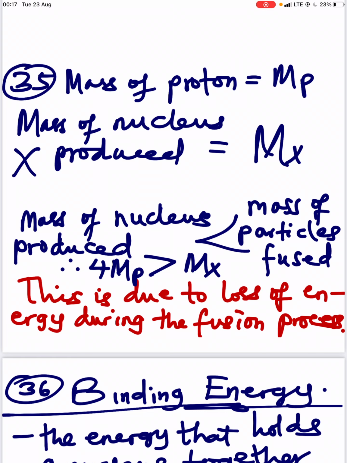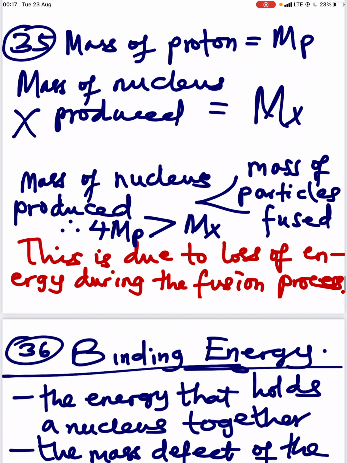So the total mass of the protons fused together to form x, the nucleus, will be greater than the mass of x because of some loss of mass during fusion. So we say this is due to the loss of energy during the fusion process.